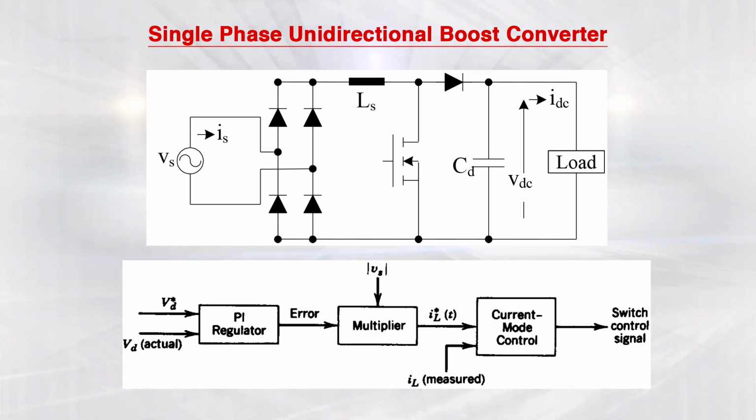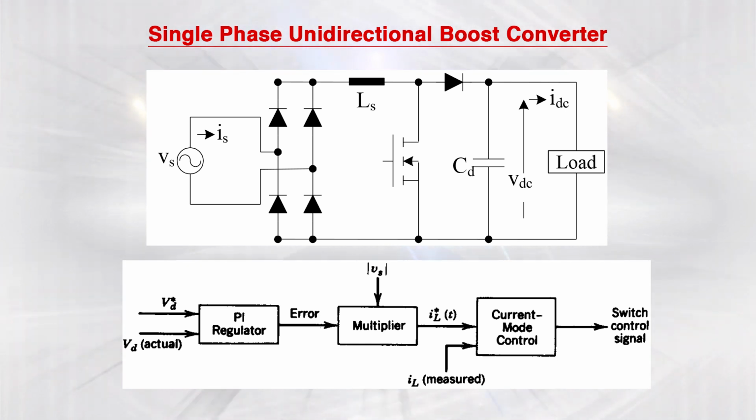Suppose we require 700 volt at the output side, we can choose the reference as 700 volt, and we compare it with the sensed voltage. One controller is required to regulate this voltage, that is a simple PI controller, and this error is further compared with the sensed inductor current.